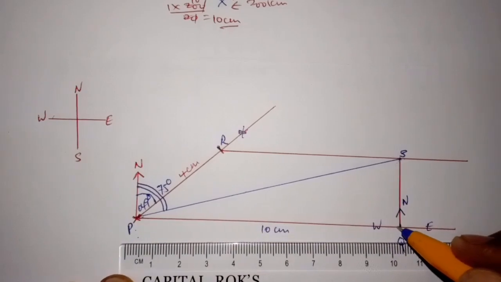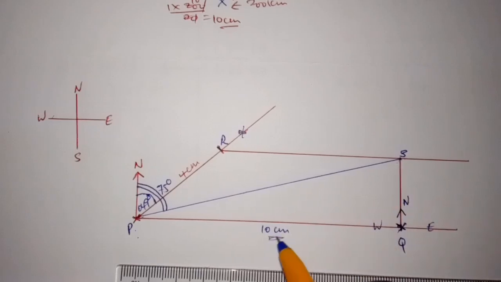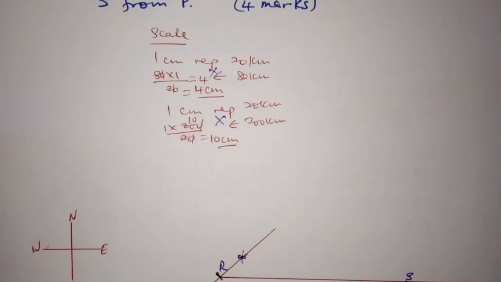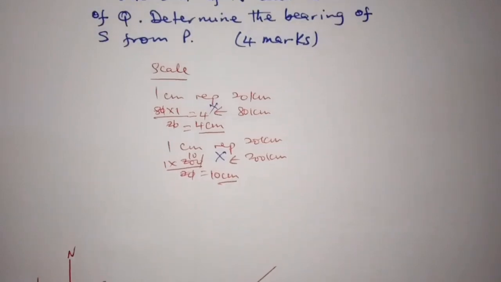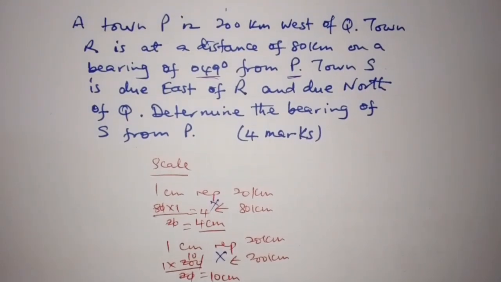So our town Q is here, 10 centimeters. Town P is 200 kilometers west of Q, and town R is at a distance of 80 kilometers on a bearing of 049 degrees from P.